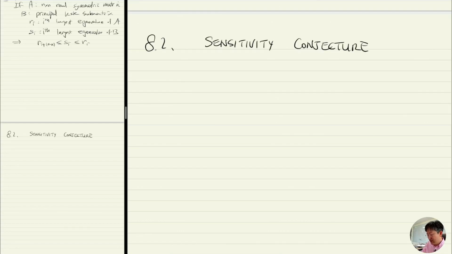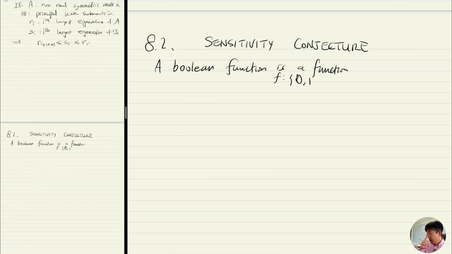Okay, so we start with a Boolean function. So what is a Boolean function? A Boolean function is a function defined on the length n binary sequences to 0, 1.